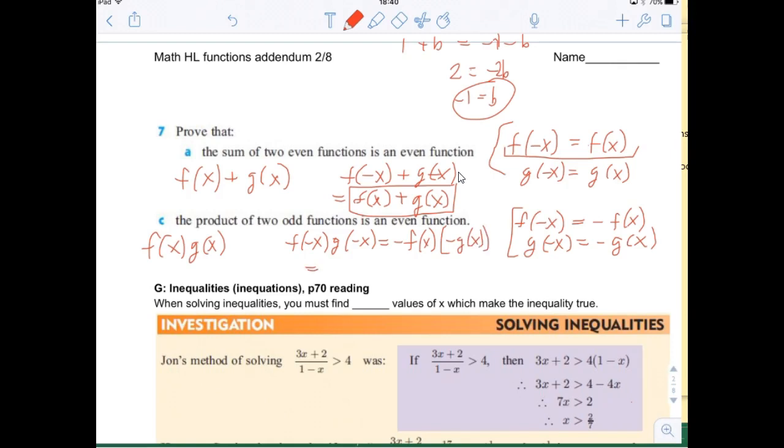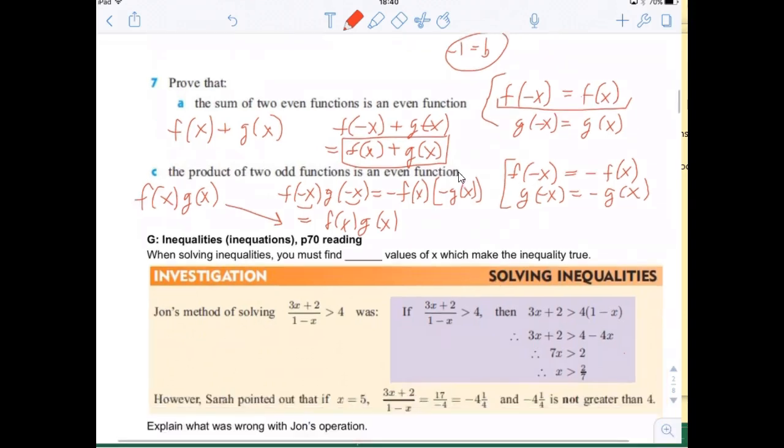If I multiply that out and simplify it, the two negatives multiply and become a positive, so I end up with f of x and g of x, which is the same function I started out with. So that is the characteristic of an even function: if you put in the opposite of x into an even function, what you get out is the original function, and that's what I got here. So therefore I've proven that two odd functions multiplied together are an even function too.